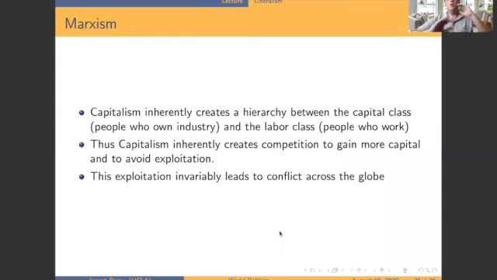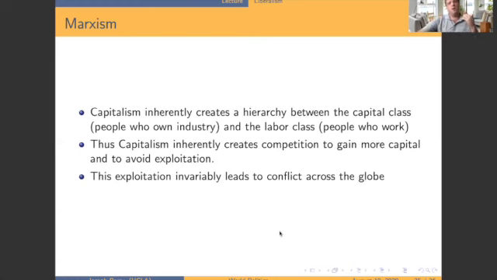According to Marxism, capitalism inherently creates a hierarchy between the capital class, those who own industry, think of Jeff Bezos, and the labor class, those who work, so the people who work in Amazon factories. Capitalism inherently creates competition to gain more capital and to avoid exploitation of those in the capital class. This exploitation invariably leads to conflict across the globe.